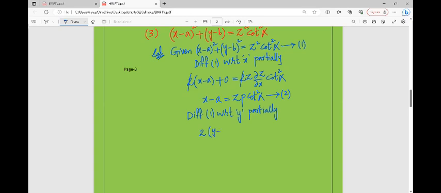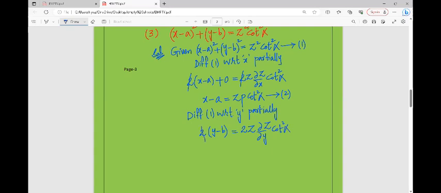Now, when differentiating with respect to y, the x terms will become 0. It is y minus b, and again the first term will be 0. This is equal to, what is the differentiation of this term? Z square differentiation is 2z dou z by dou y. It is a cot square alpha.